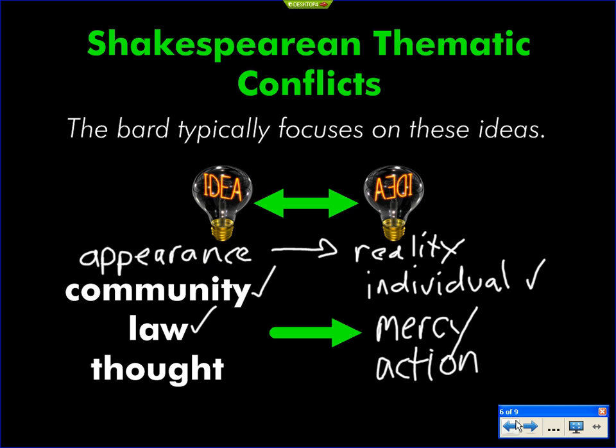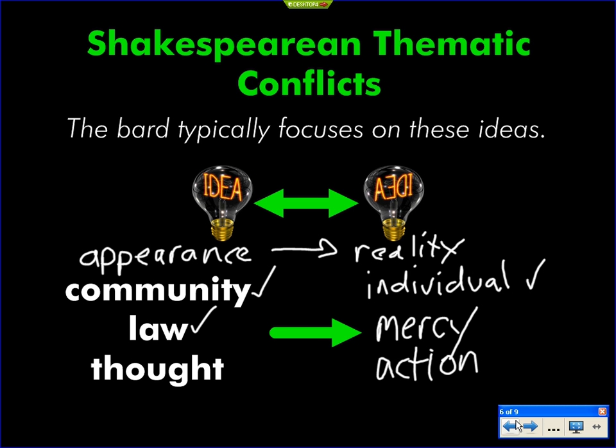And when you look at his thematic conflicts, something happens in Act 1 to throw them out of balance. Something happens in Act 1 such that people are not paying attention to both sides, and they are on one side as opposed to another. Something is extreme.